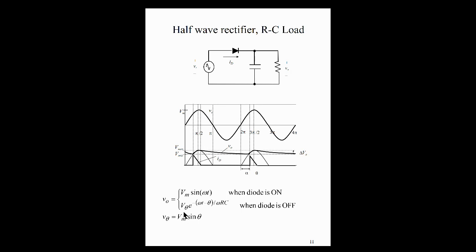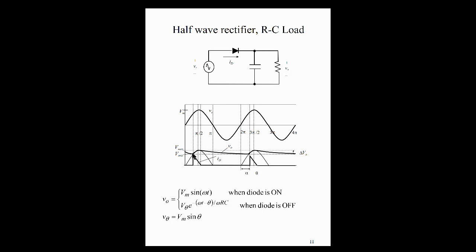So that's the voltage, e to the minus omega t minus theta divided by omega RC, for this region where it is discharging.